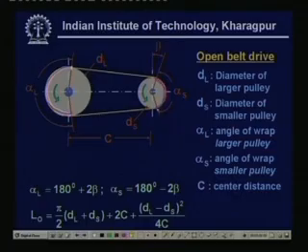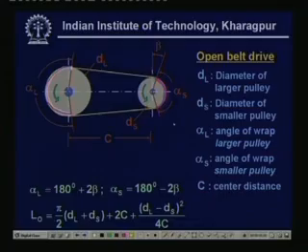From the geometry, the angle of wrap exceeds 180 degrees for the larger pulley, and in a similar fashion it is lesser for the smaller pulley, and C is the center distance between these two pulleys.